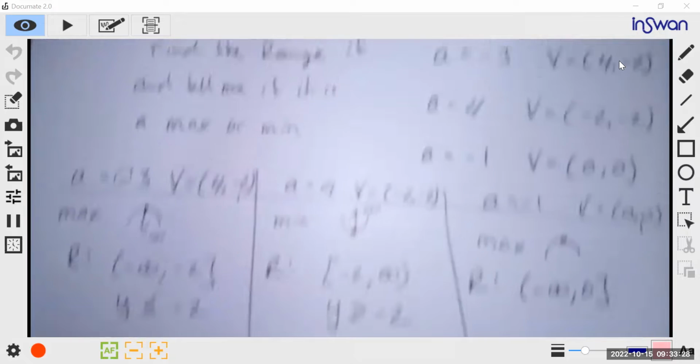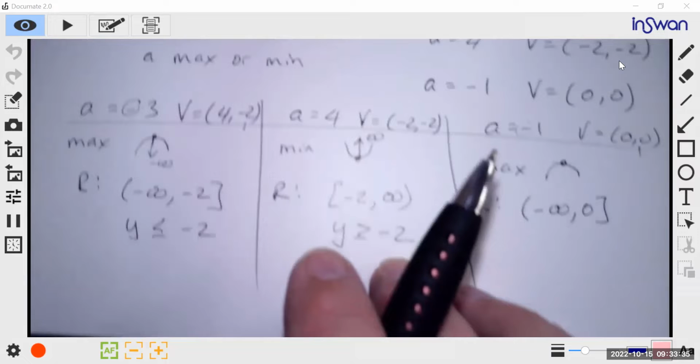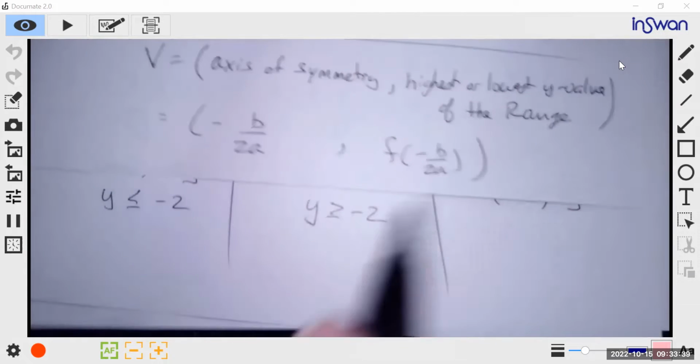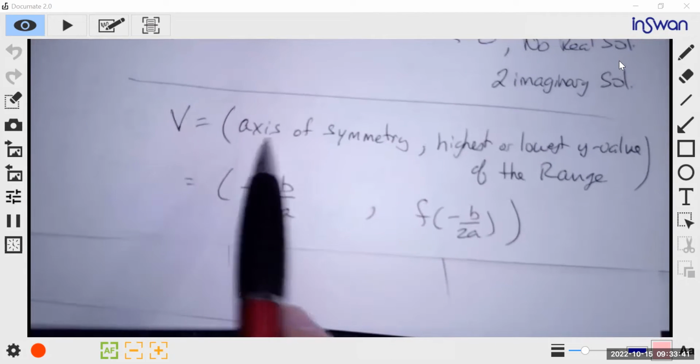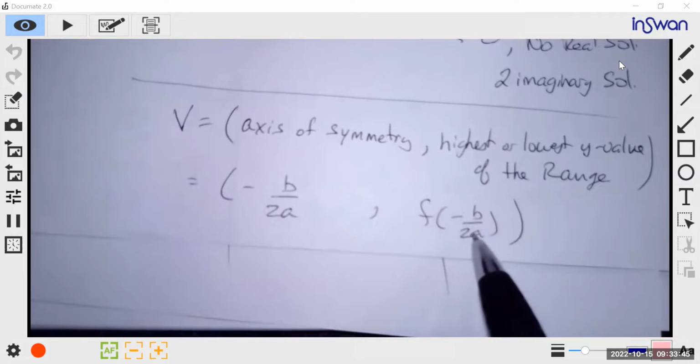Remember, I just said earlier, where would I put that? Right here. In the vertex, the axis of symmetry is the x value. The highest or lowest point of the range is the y value.